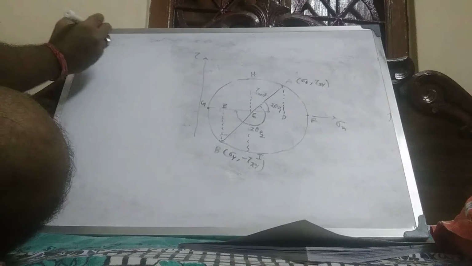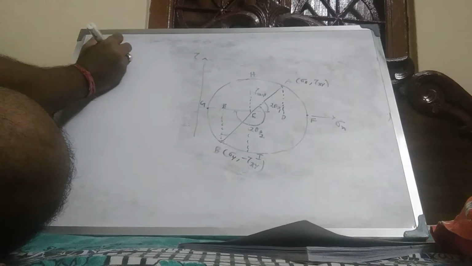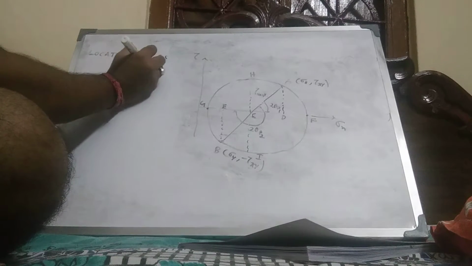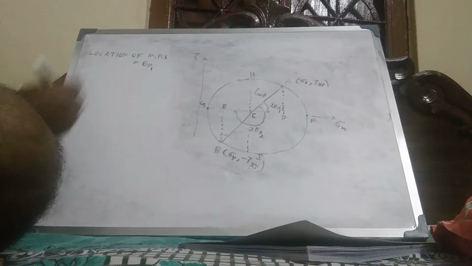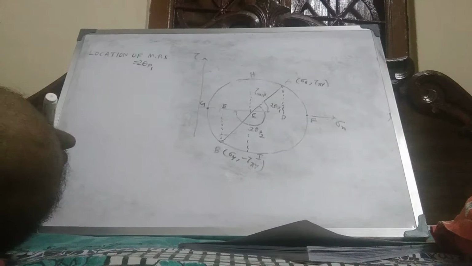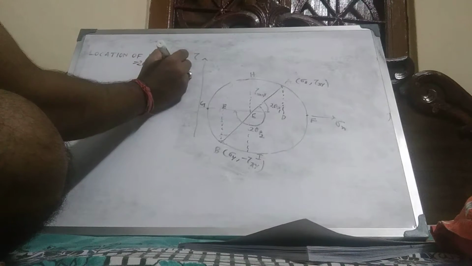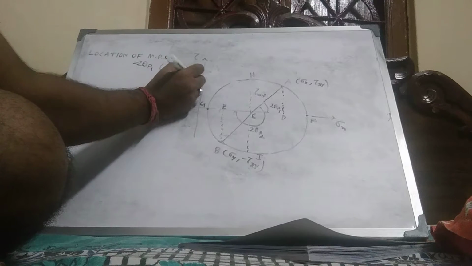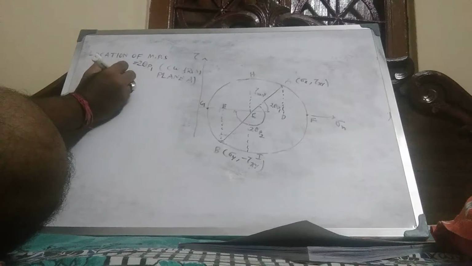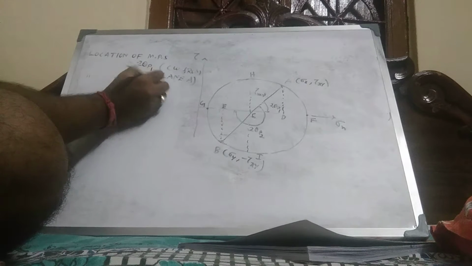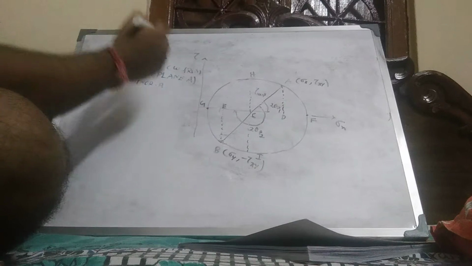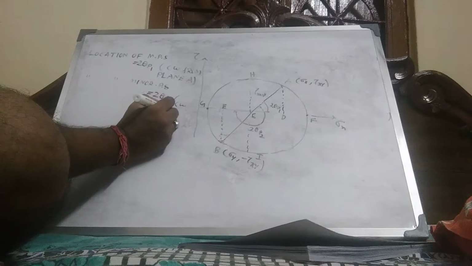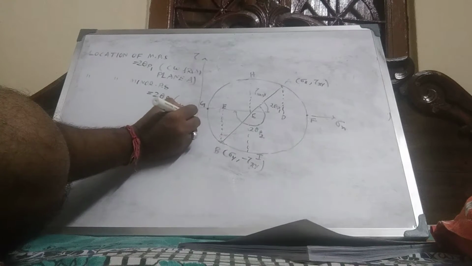The location of the major principal stress, denoted theta p1, is 2 theta p1 on the Mohr circle, in the clockwise direction from plane A. The location of the minor principal stress is 2 theta p2, in the clockwise direction from plane B.